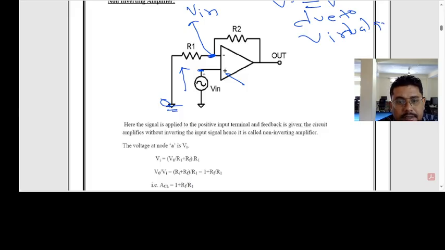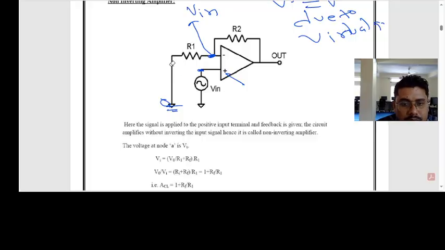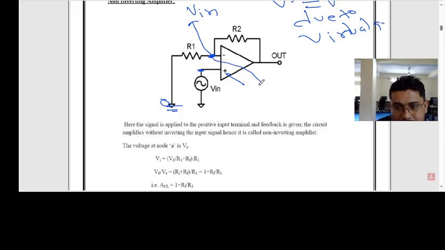Otherwise we can apply the node equation, or KVL, on this terminal.